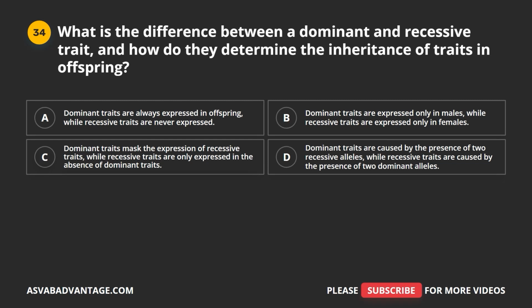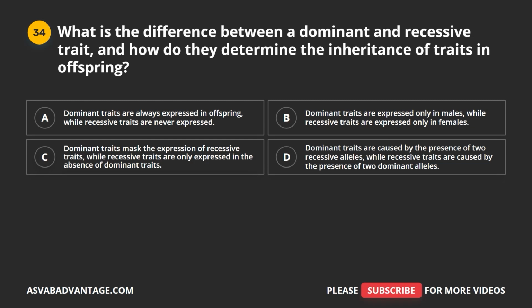C. Dominant traits mask the expression of recessive traits, while recessive traits are only expressed in the absence of dominant traits. D. Dominant traits are caused by the presence of two recessive alleles, while recessive traits are caused by the presence of two dominant alleles.